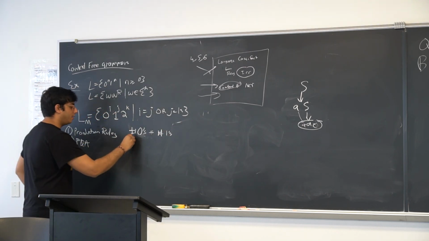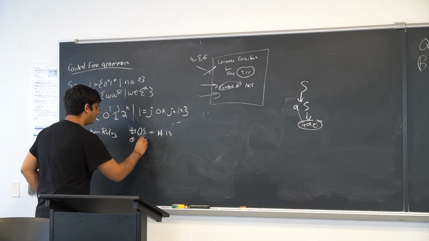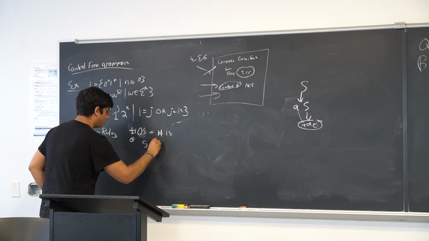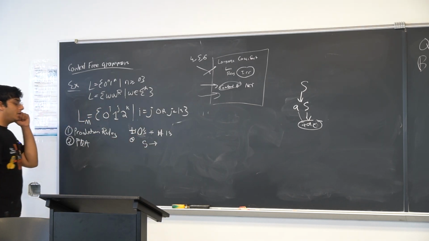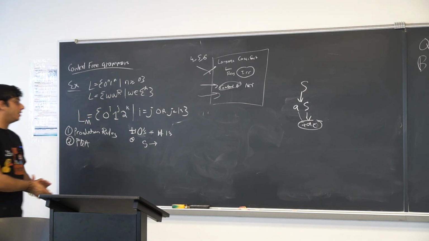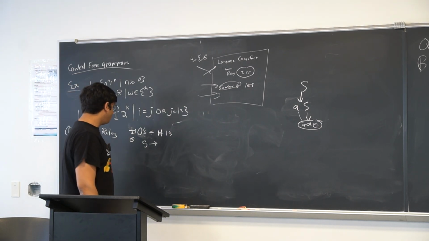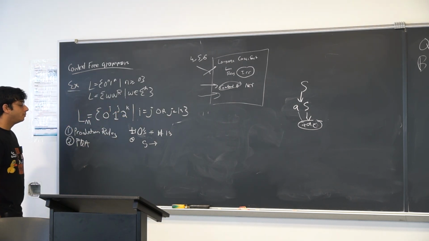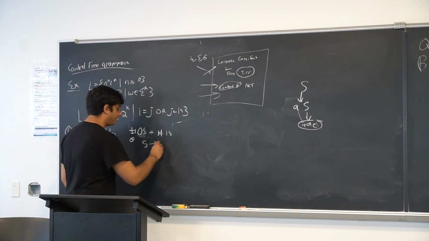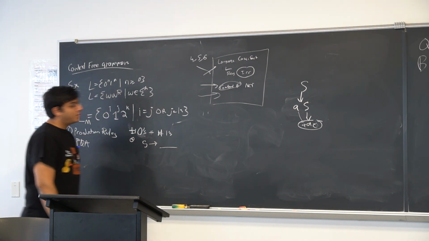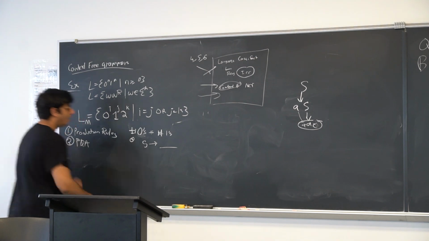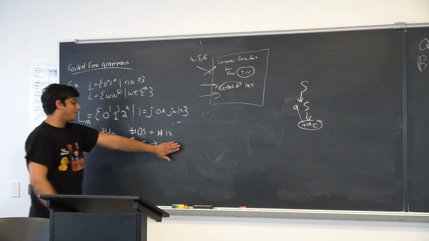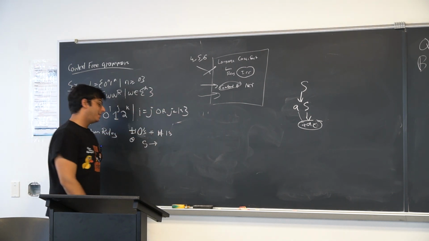So let's break it down. Can someone give me a context-free grammar? I start at S. How can I make the number of zeros equal to the number of ones? What is a grammar that'll do that? So I need to put something here. Okay, what's the smallest string that has the number of zeros and ones, so what could I replace this with? You with your hand up.